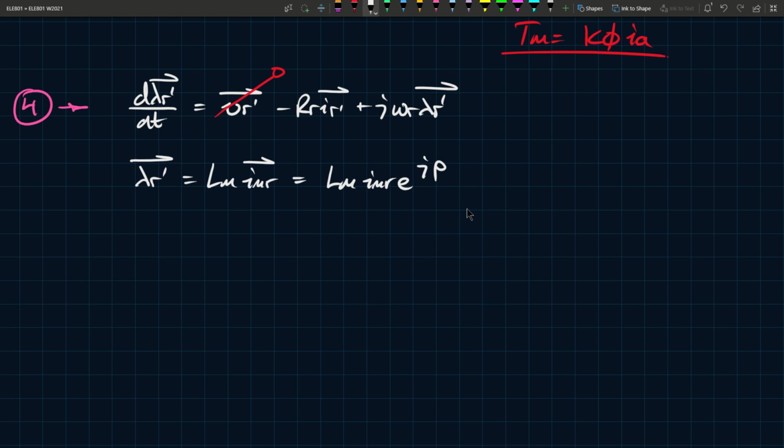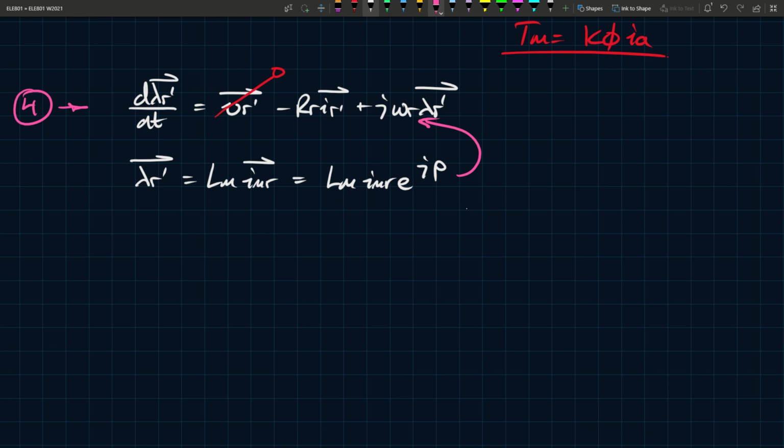So now what you can do is take this and substitute it into the equation above. We're really only going to substitute it on the left side, and then we'll simplify it and see what we get.